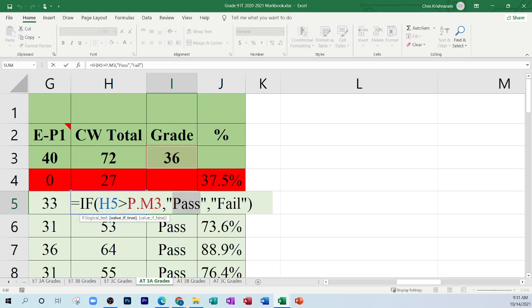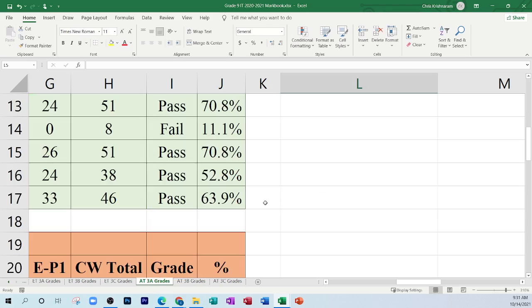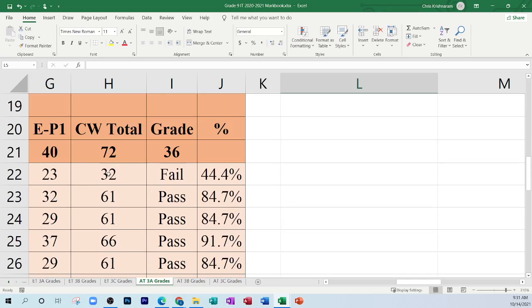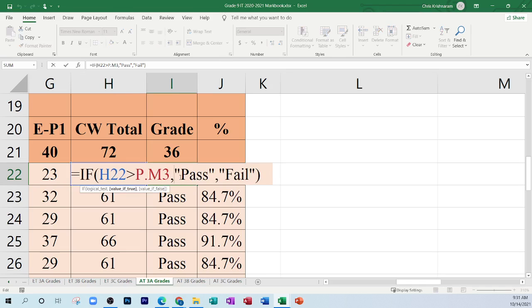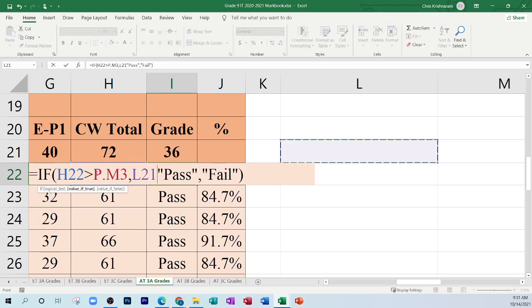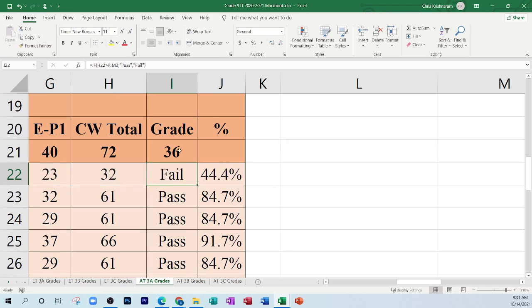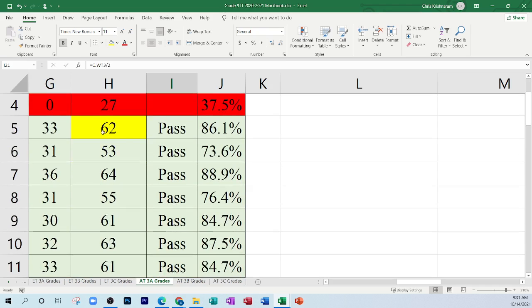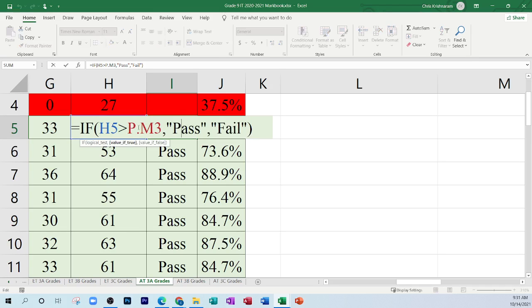And if it is false, then they're going to get the word fail. So for example, in this case here, whoever got 32 got fail because they did not go over this 36 pass mark here. So this is just a simple example of an if function in use.